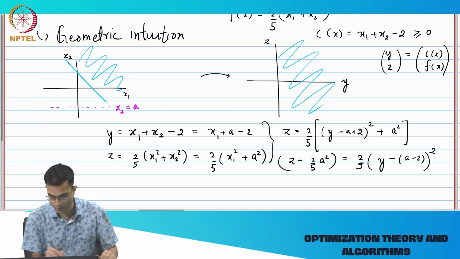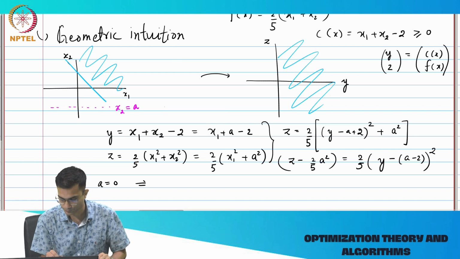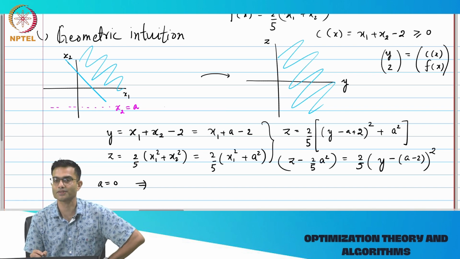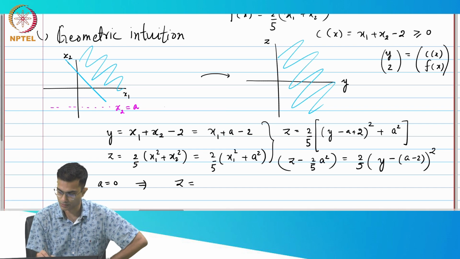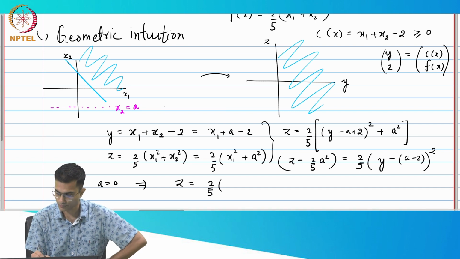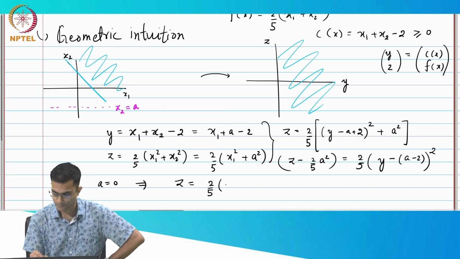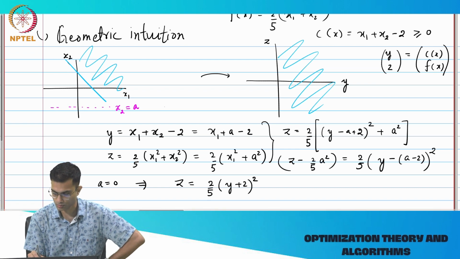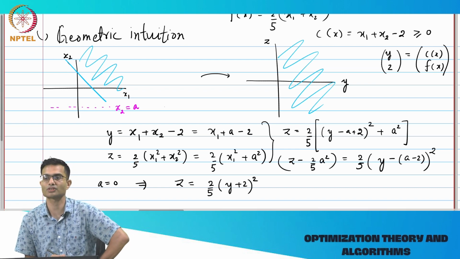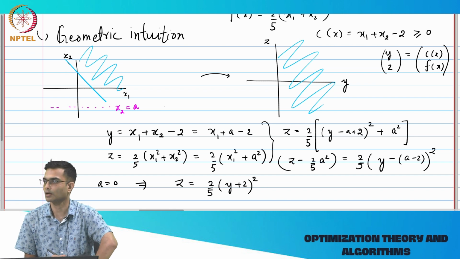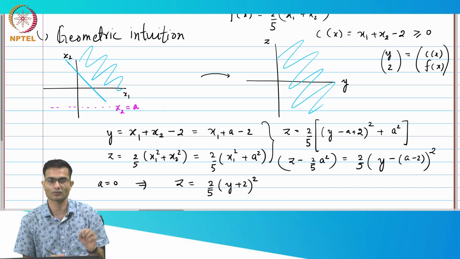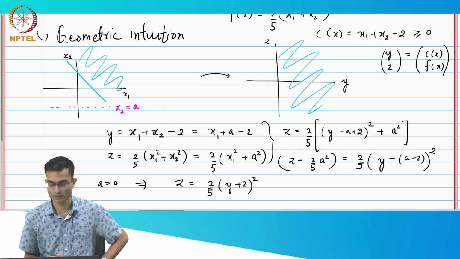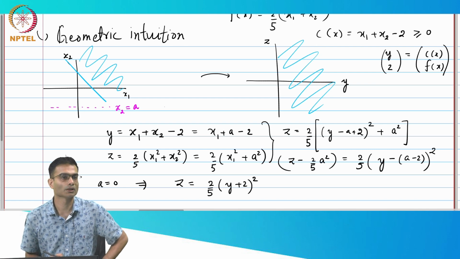So okay, let's take a simple value, a equal to 0. What is the equation of my parabola? Z is equal to 2 by 5 y plus 2 whole squared. So this is a parabola which, where is the lowest point of it? Minus 2 comma 0, right?